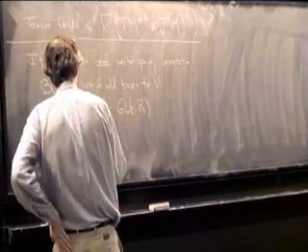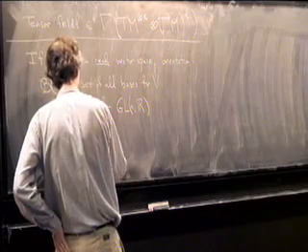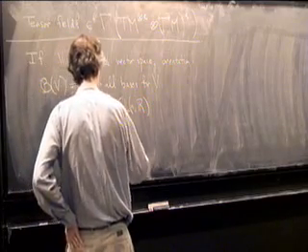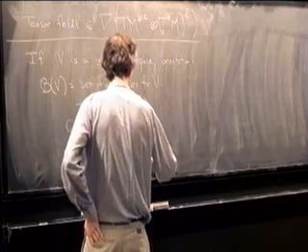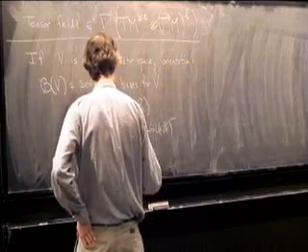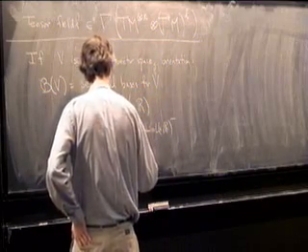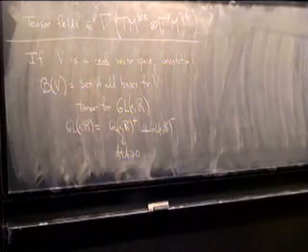Now, GL(n, R) has two components. Has two connected components. So there's GL(n, R)+ disjoint union GL(n, R)-. Okay, and this is the matrices with the determinant of A greater than 0. That's the connected component of the identity.